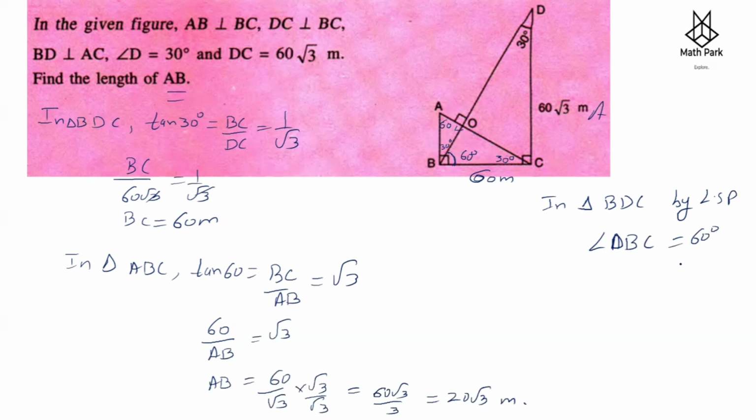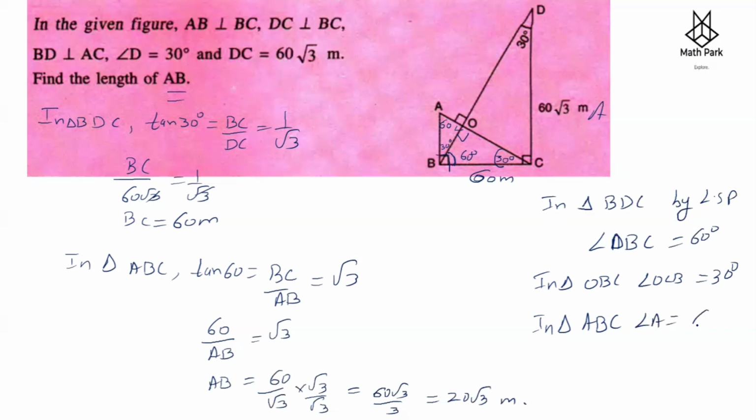So if DBC is equal to 60 degrees, then in triangle OBC, you get angle OCB is equal to 30 degrees by angle sum property, because this is 90 degrees again. Okay. If you have got this 30 degrees, then in triangle ABC, since this is 30 and this is 90, you get angle A is equal to 60 degrees.